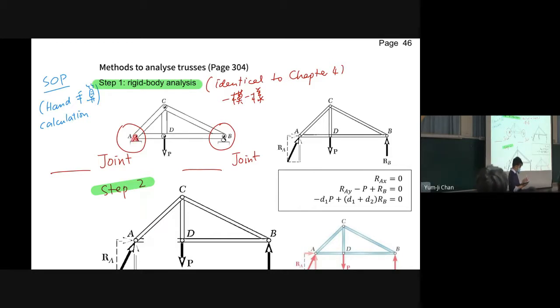So this is a pin joint, and it has a force in the x direction and in the y direction, which are R_Ax and R_Ay.